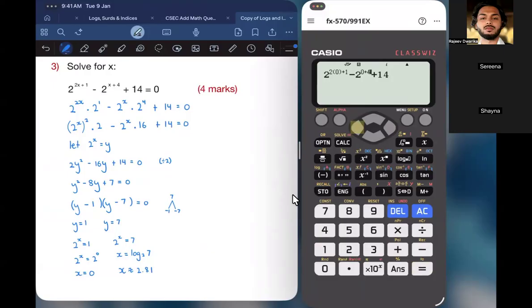And then what if I replace 0 with log base 2 of 7, which is the exact answer for the other solution? Bam. Again, back to 0. So are both of the answers correct? Yes. Nice. You know, take a look at that and tell me if you understand it.